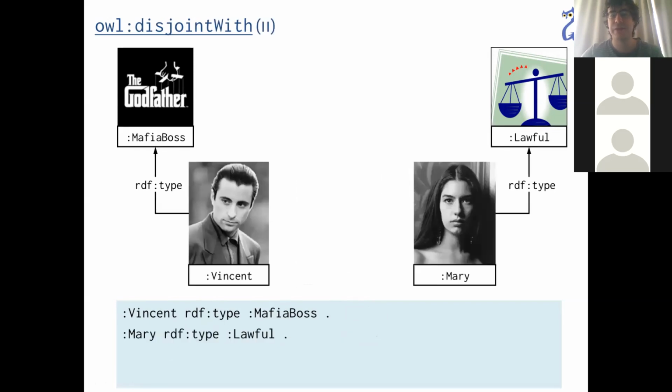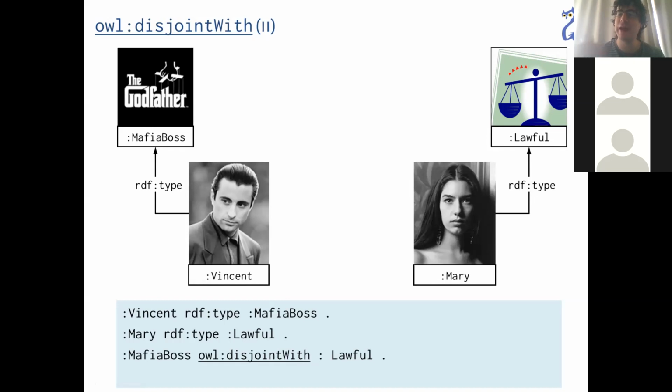As another example of something we can infer based on disjoint with, if we have that Vincent is of type mafia boss and Mary is of type lawful, and we know that mafia boss is disjoint with lawful, what could we conclude in this case? Any ideas? So we could conclude that if these two people were the same, it would create a contradiction, an inconsistency. And we always try to avoid inconsistencies where we can.